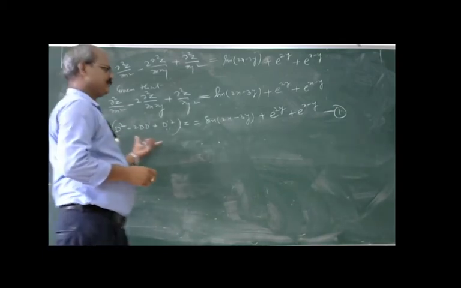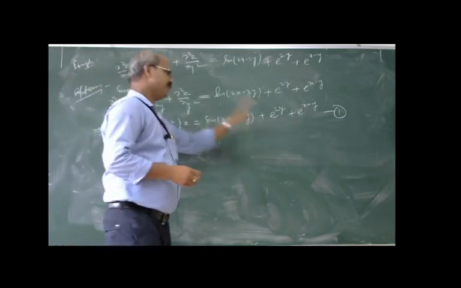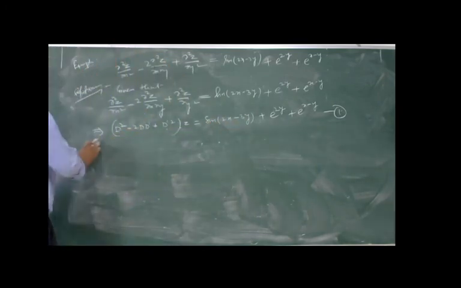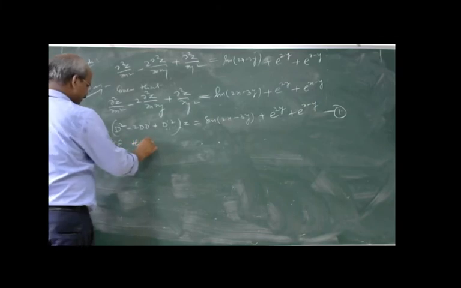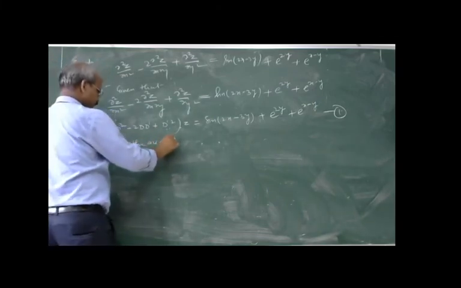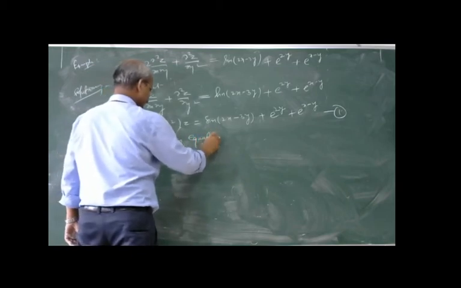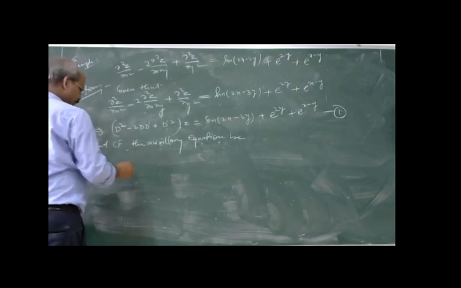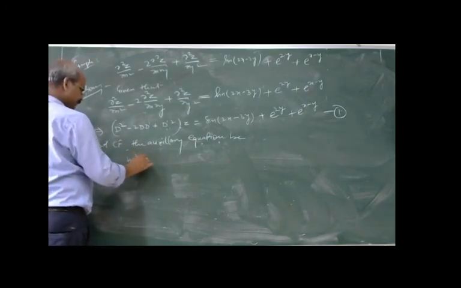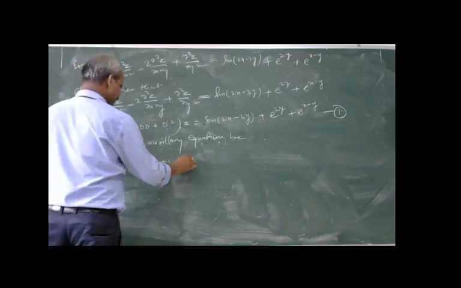the solution of this equation 1b, complete solution will be CF plus PI. So to find the CF, the auxiliary equation is m square minus 2m plus 1, which is equal to 0.